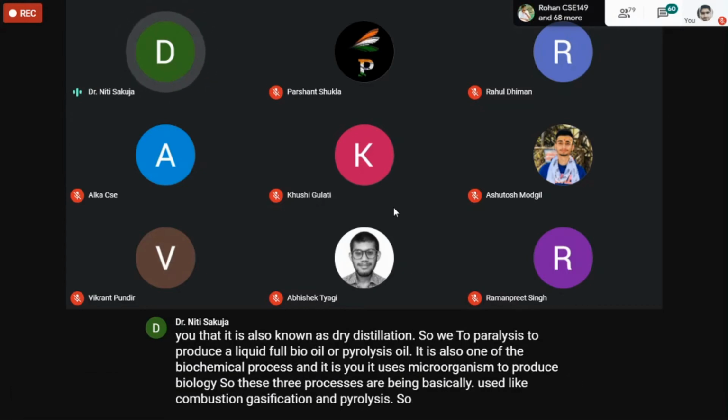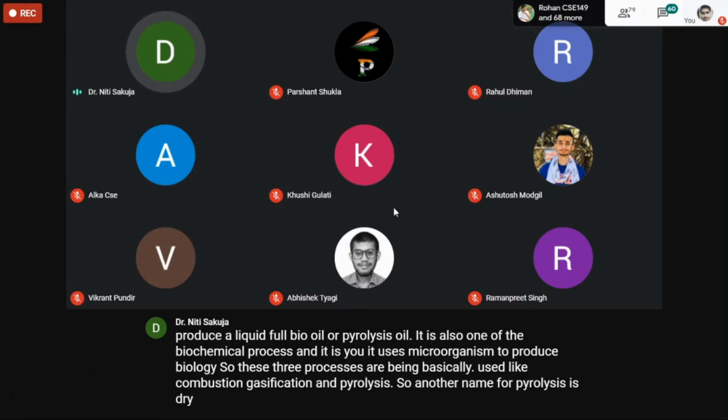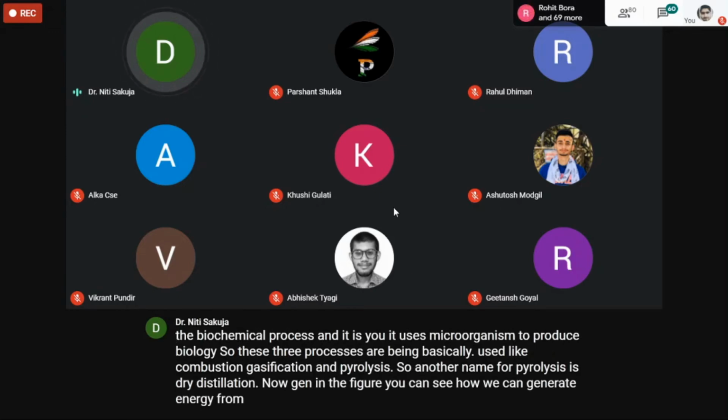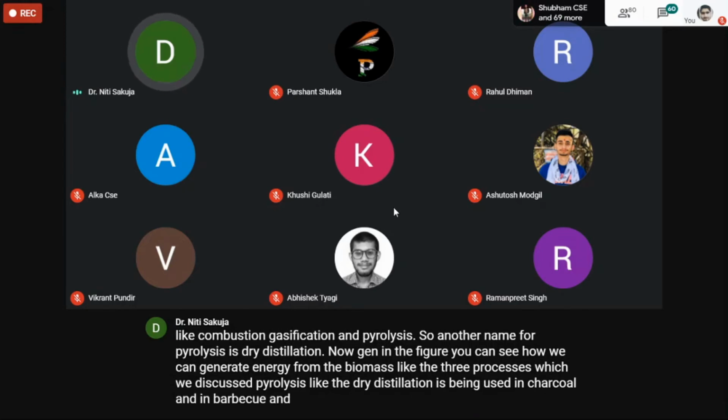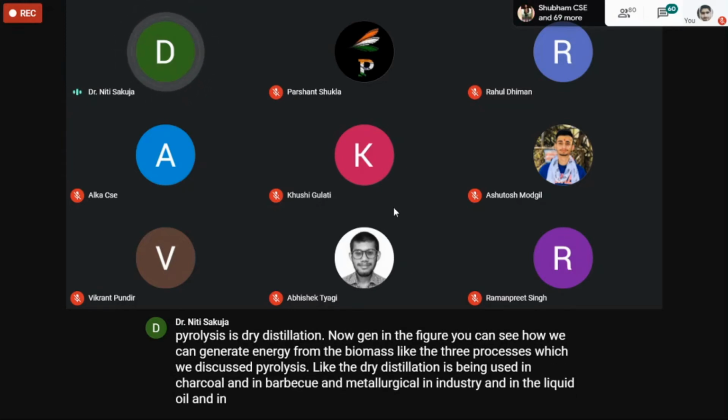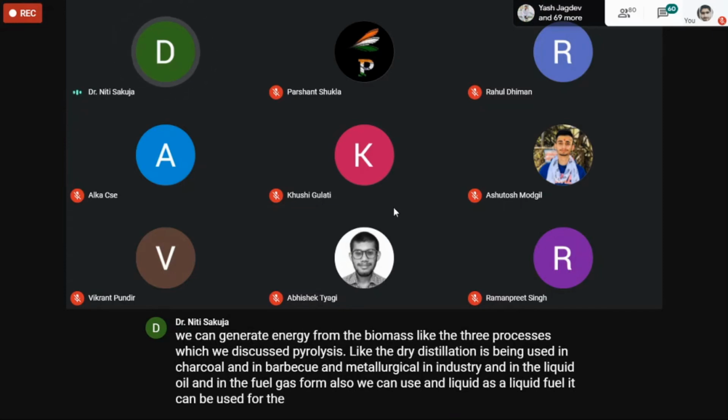Now, in the figure, you can see how we can generate energy from the biomass. Of the three processes we discussed, pyrolysis, the dry distillation, is used for charcoal, barbecue, and the metallurgical industry, and in the liquid oil and fuel gas forms also. The liquid can be used as a liquid fuel for engines, and the fuel gas can also be used for the generation of electricity using turbines and generators.